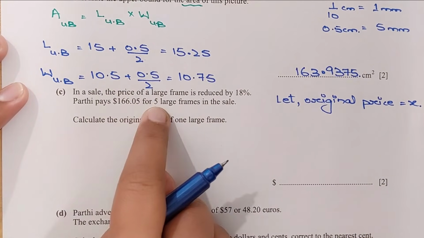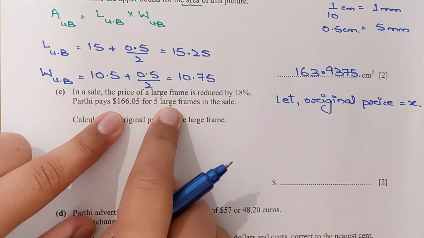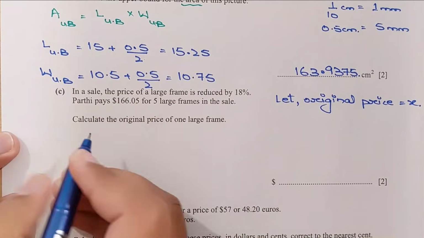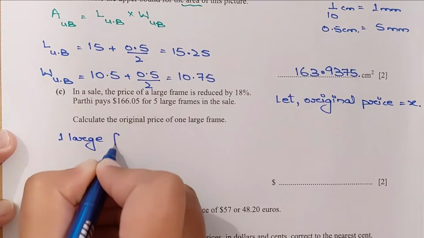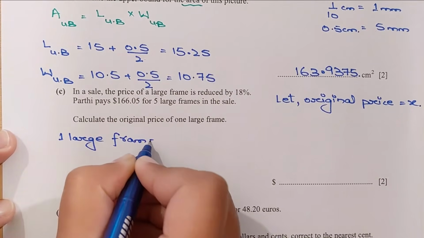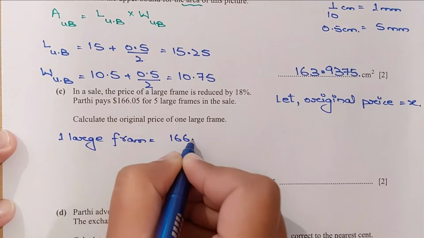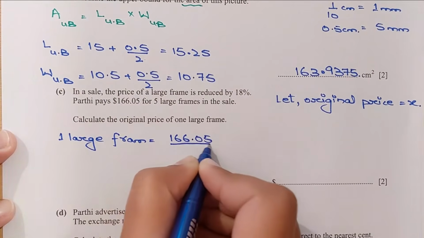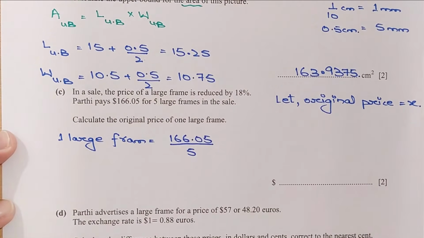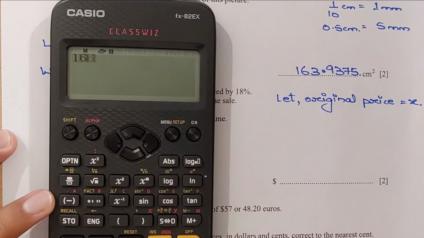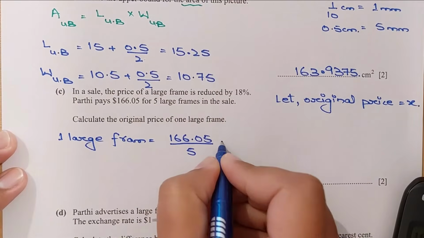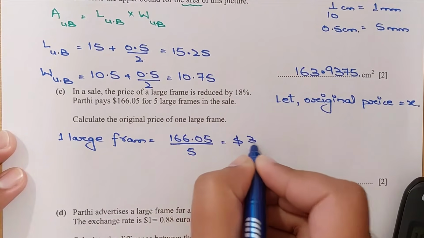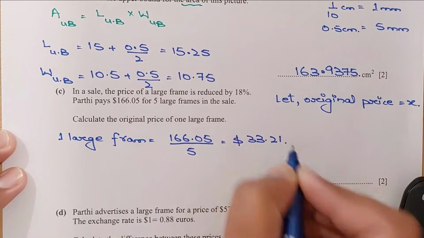First we need to find the price of 1 large frame, since he pays this much for 5 large frames. The price is 166.05 divided by 5, which is 33.21. So $33.21 is the price of 1 large frame.